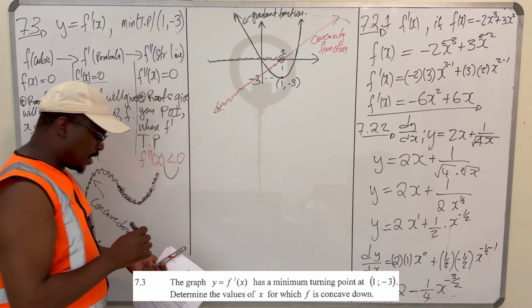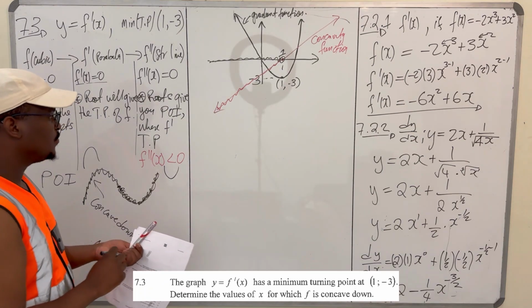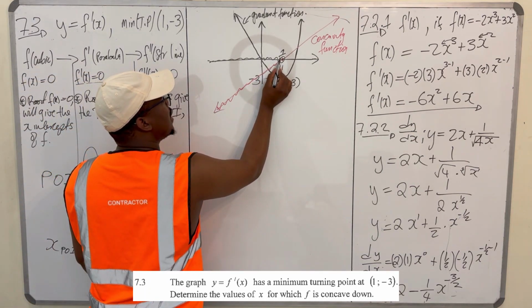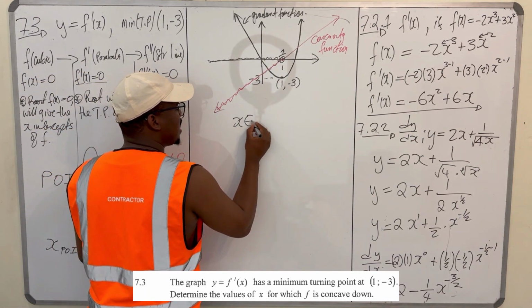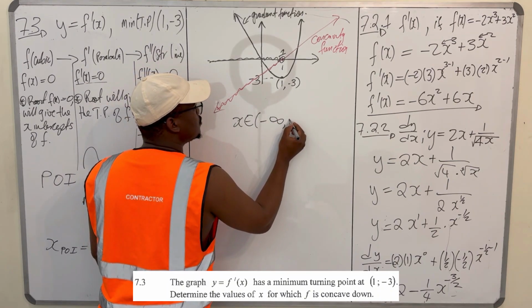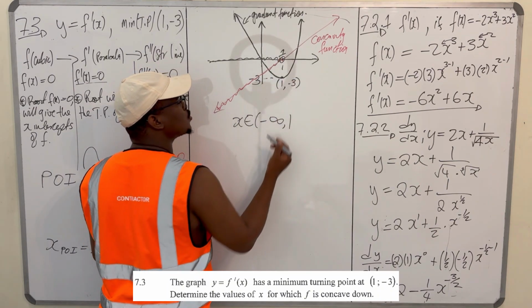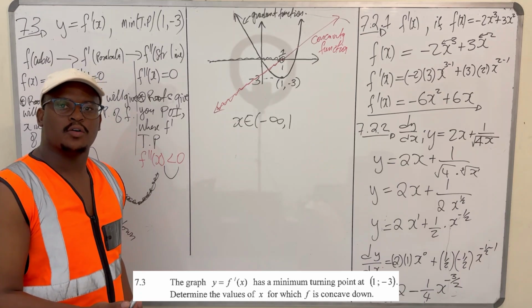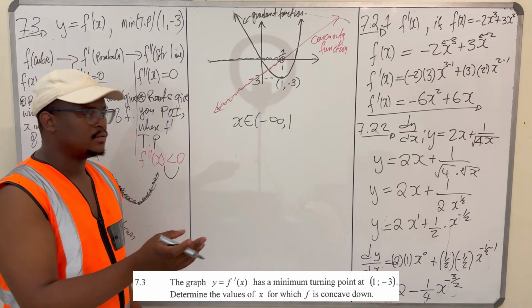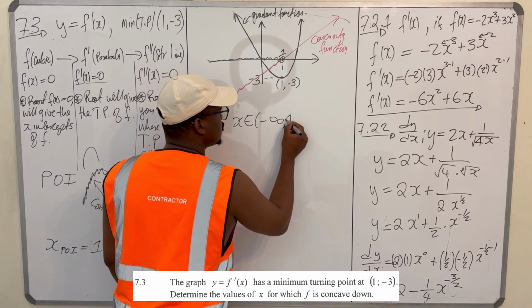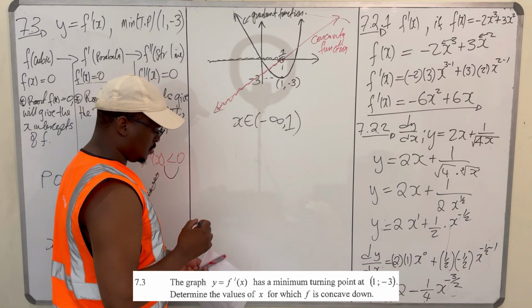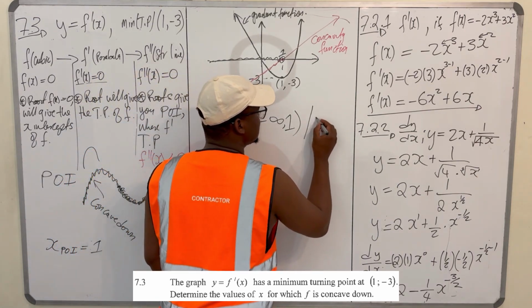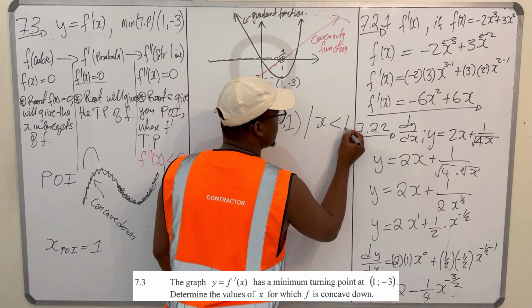So how do we write this concavity? You say it is concave down for x is an element of (-infinity, 1). You don't include 1 because at 1 it is not concave down. It changes concavity there. So these should be the x values where it is concave down. Or simply write it as x is less than 1.